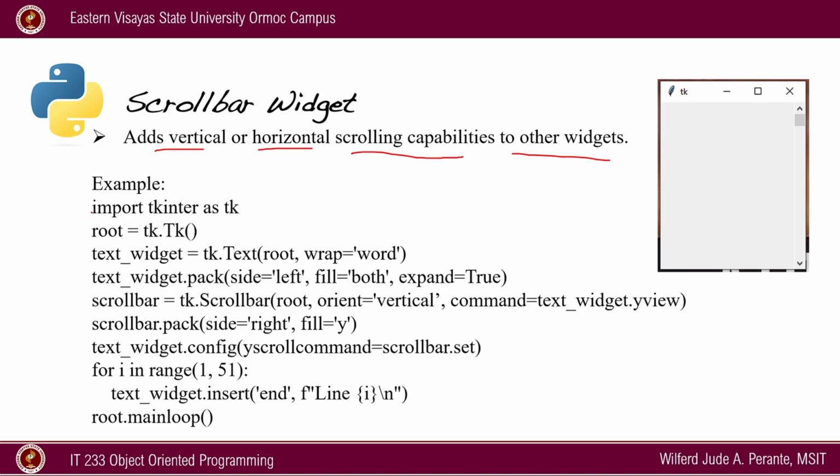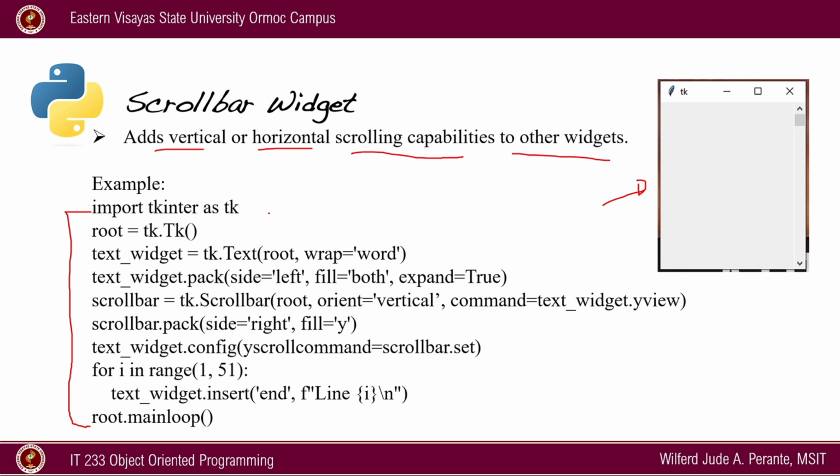So I have an example code using scroll bar widgets, and the output is like this on the right side corner of my presentation.